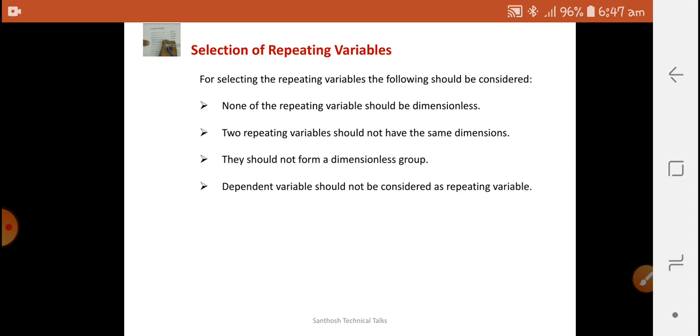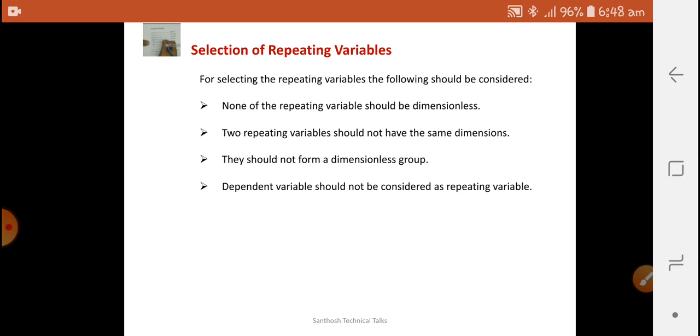And next thing is, they should not form a dimensionless group. So the selected repeating variables should not form a dimensionless group. And the last procedure is, the dependent variable should not be considered as a repeating variable.